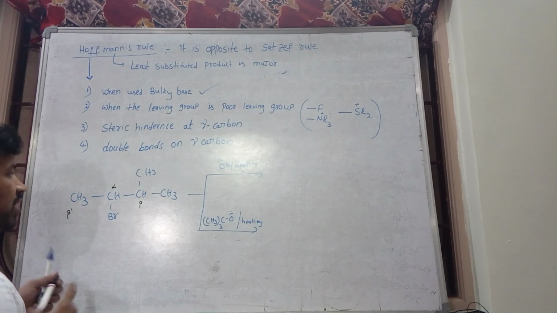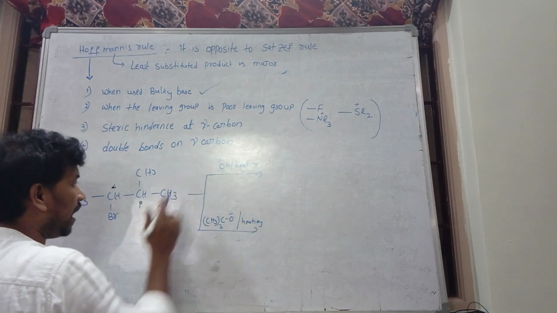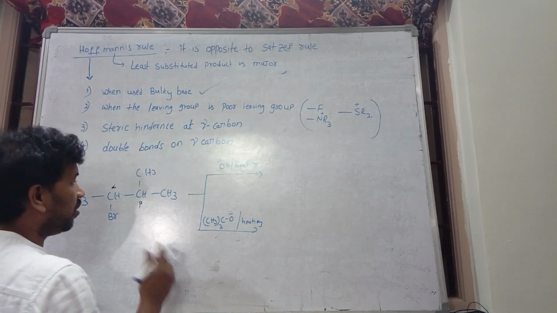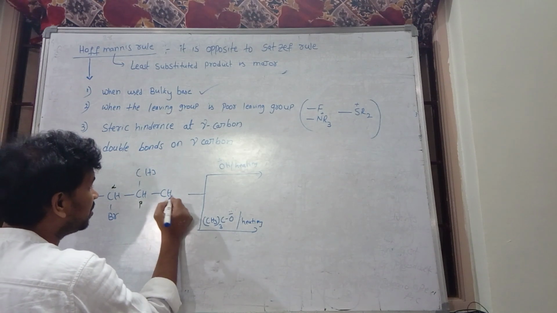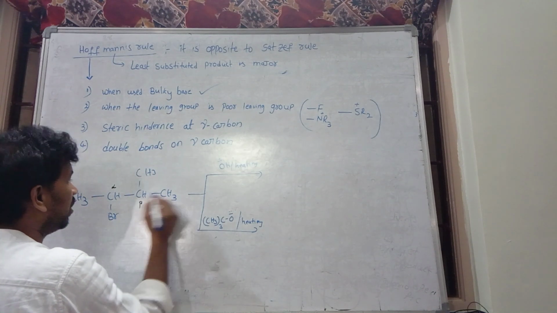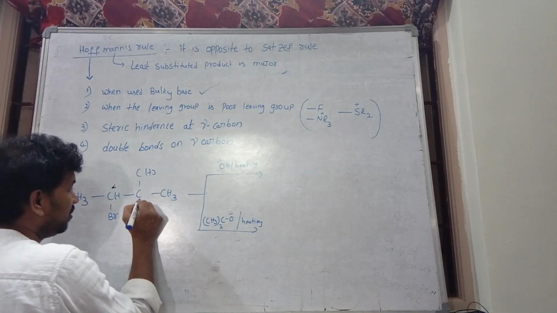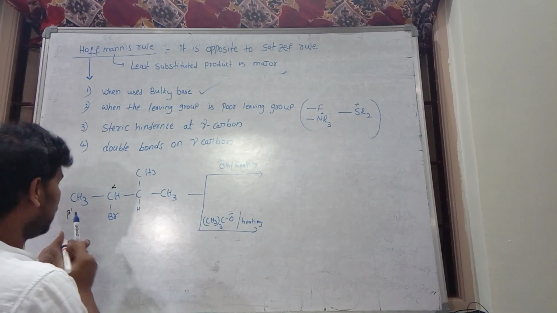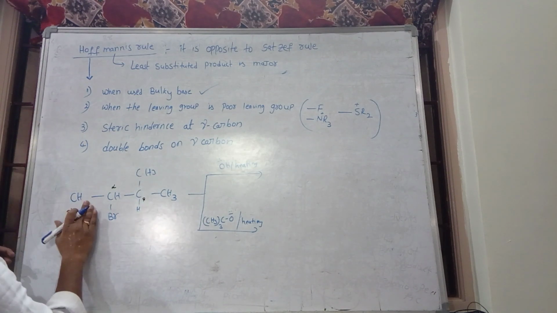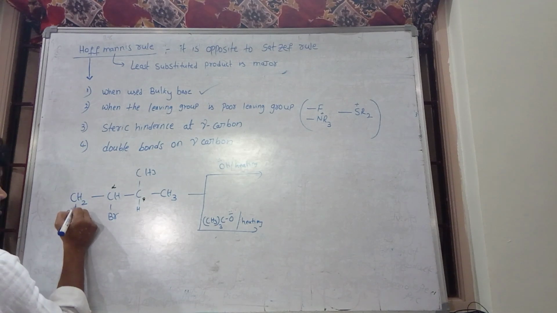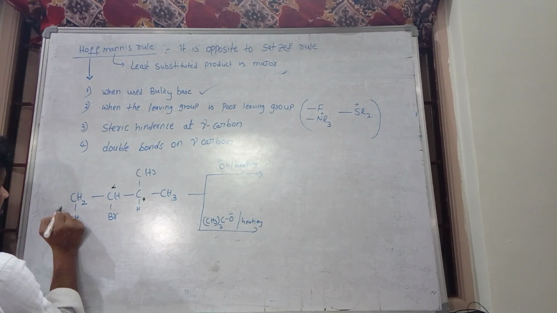So when we use a non-bulky base, it easily abstracts the proton from this carbon. I'm writing this one like this, hydrogen, and this is a beta carbon, and this one also, CH2 hydrogen, beta carbon.